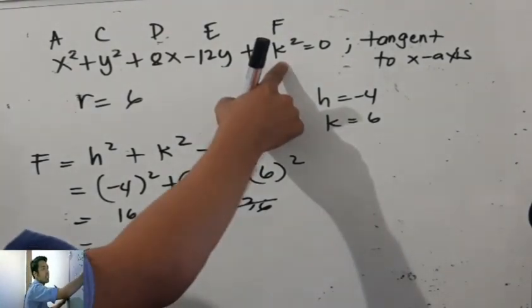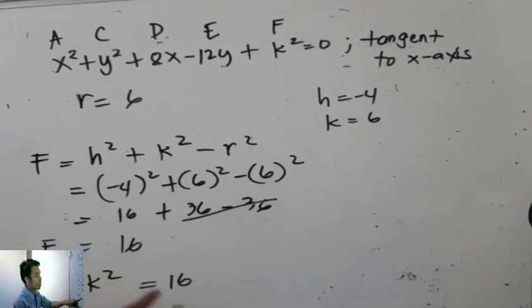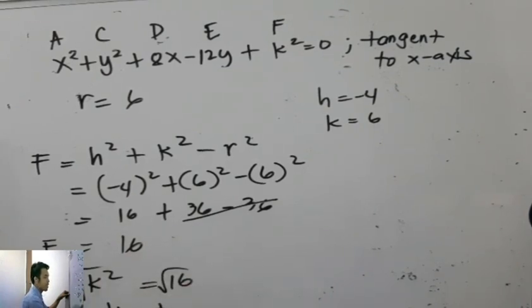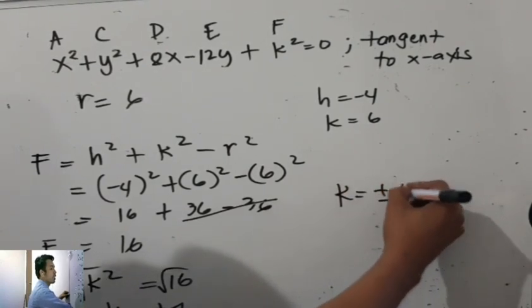So this k squared, we all know that f is also equal to k squared, and that is equal to 16. So k squared is equal to 16. But we need to find the values of k, so we extract the square root. So k now is equal to positive and negative 4.